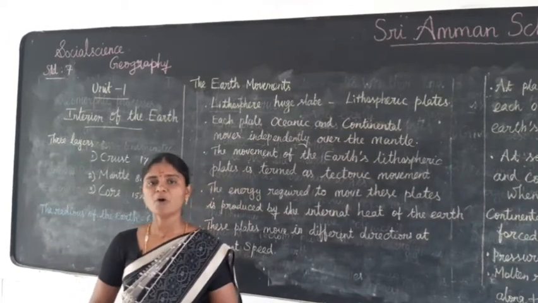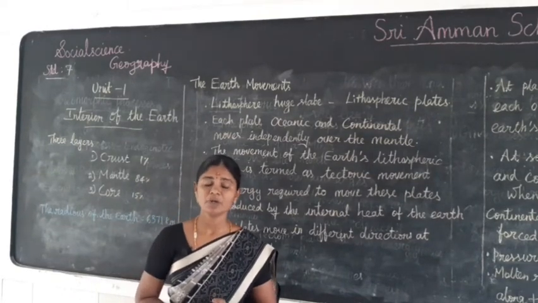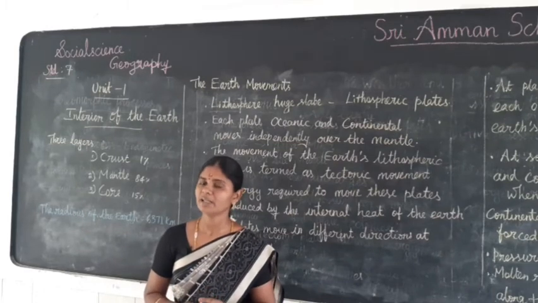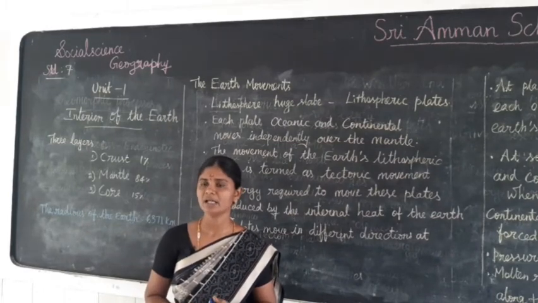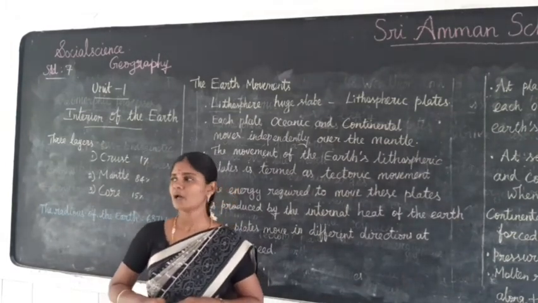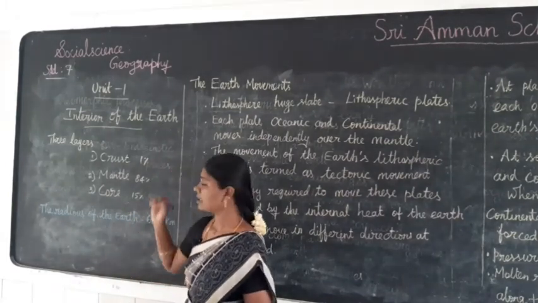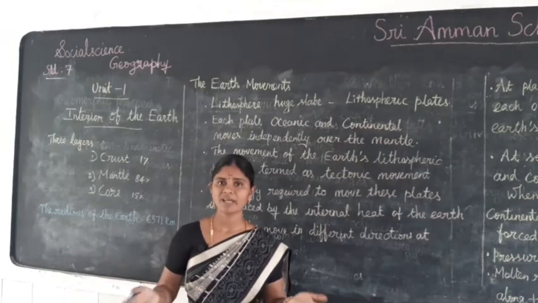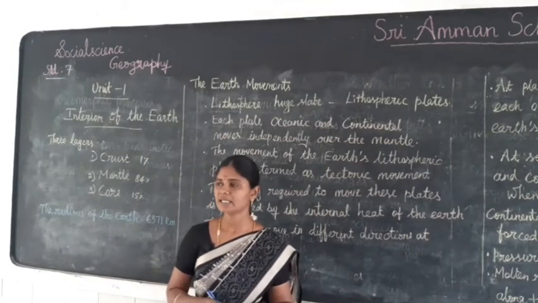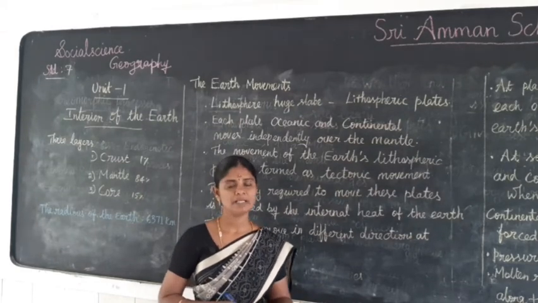Crust forms only 1% of the total volume of the Earth, 84% consists of mantle and 15% consists of core. Already we saw that the crust is a ball of rock where we live, and mantle is divided into two layers, that is upper mantle and lower mantle.